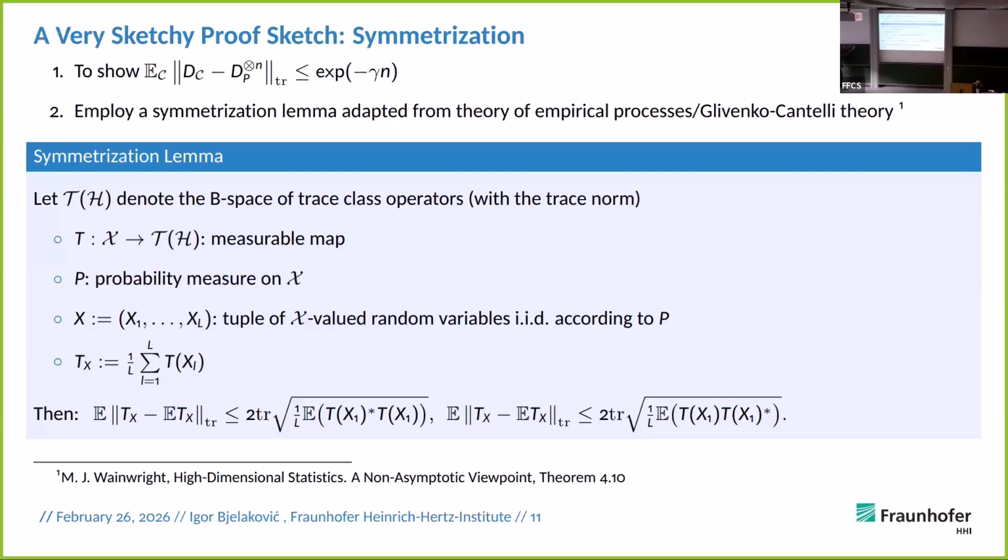So this is the trace norm. By this duality result for Banach spaces, this can be represented. Let's say that it has the trace norm less or equal than 1, just for simplicity.